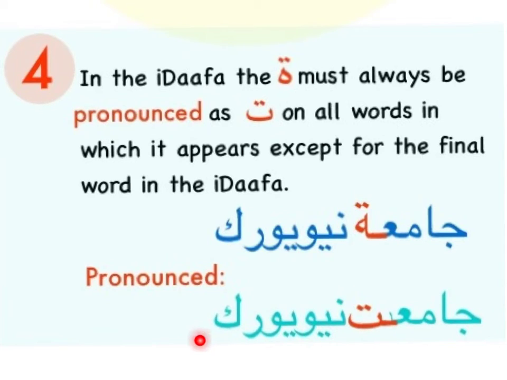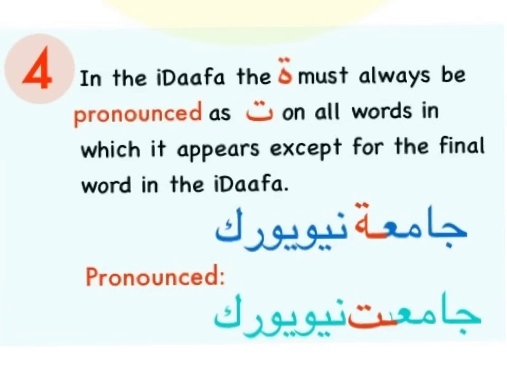Of course, if for some reason you get ta marbuta on the final word in إضافة, you don't pronounce it as ta. Only when it's on the first word between the two. So again, if it's in the first word, it's pronounced as ta. If it's in the final word, it's pronounced as usual as nothing, like kind of an aspirated ha.